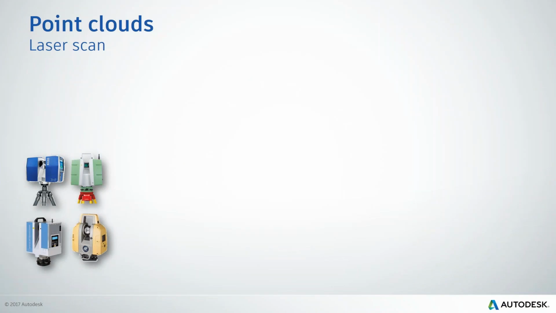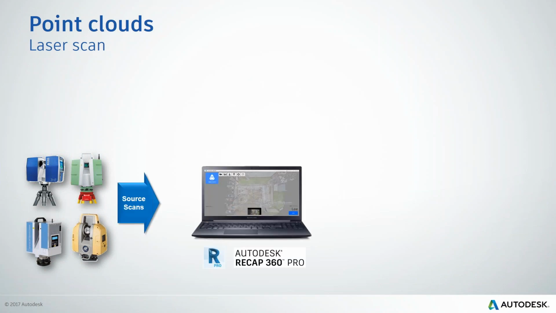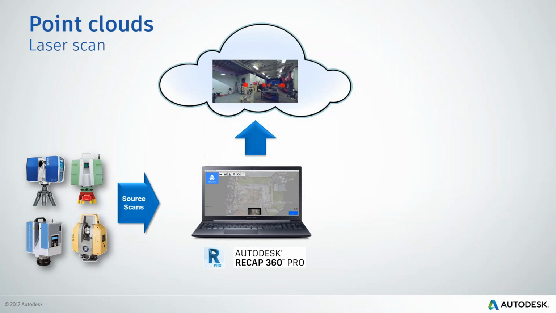We are offering the possibility to use point clouds, basically coming from laser scans, and these source scans we can bring to a service called Recap Pro, which allows you to process the scans. Processing means registering the scans, because obviously you can have several scans of your building.